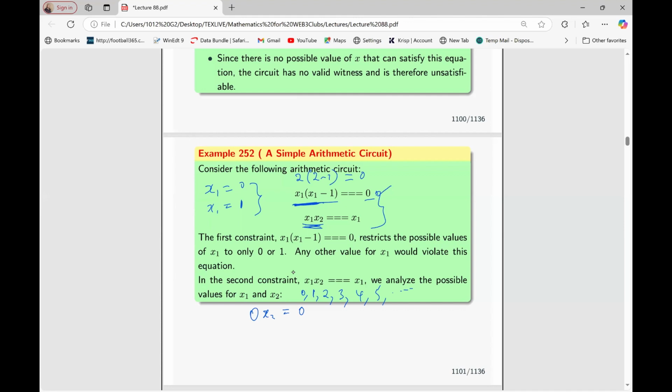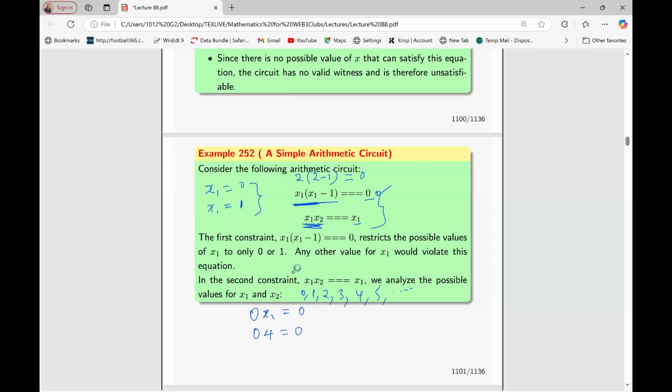Because 0 times anything will just be 0, since we've said x1 times x2 is x1. So if x1 is 0, this prover can give you any of these values as x2.